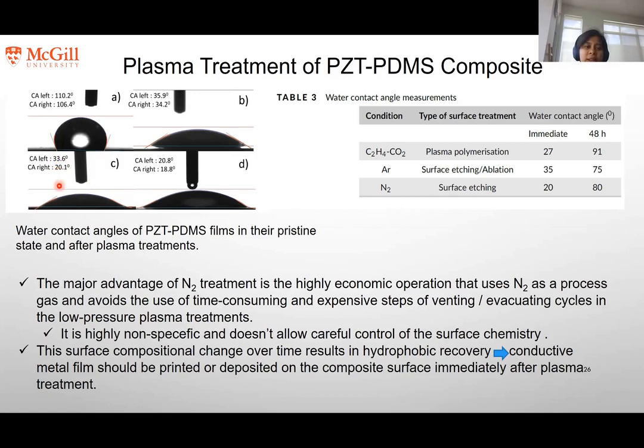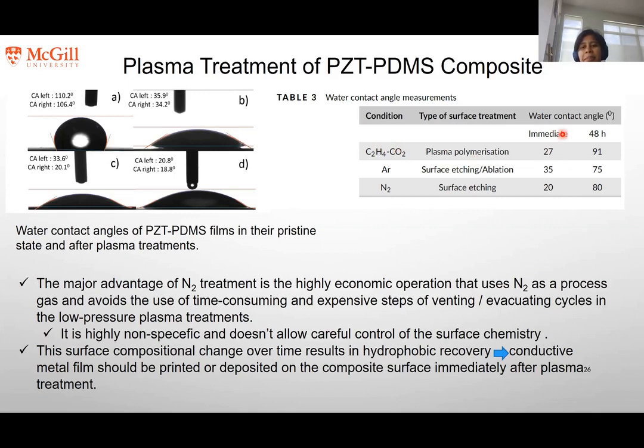The average is around 20 degrees, and D is the nitrogen one, and you get an average of around 18 degrees. Sorry, the argon was around 35 degrees, and so C is actually the plasma polymerization with ethylene and carbon dioxide.